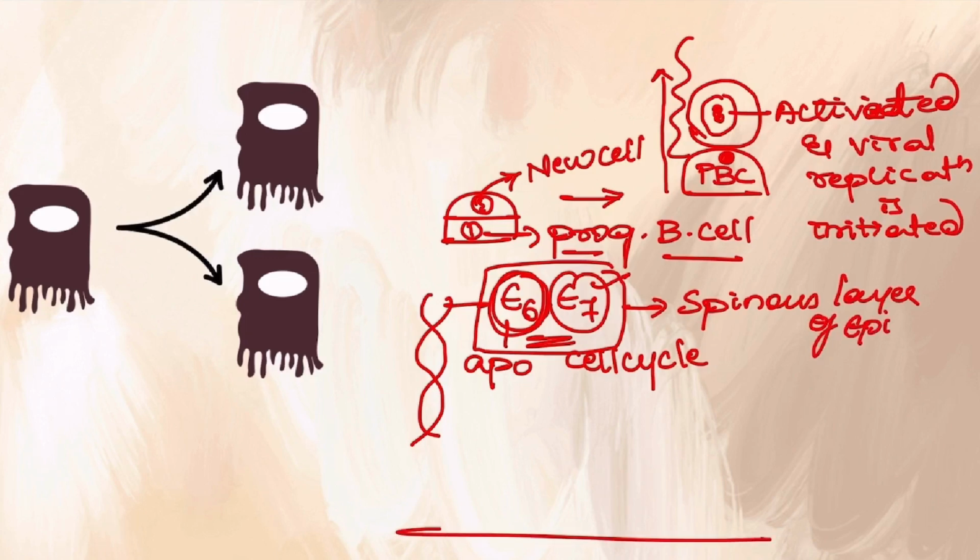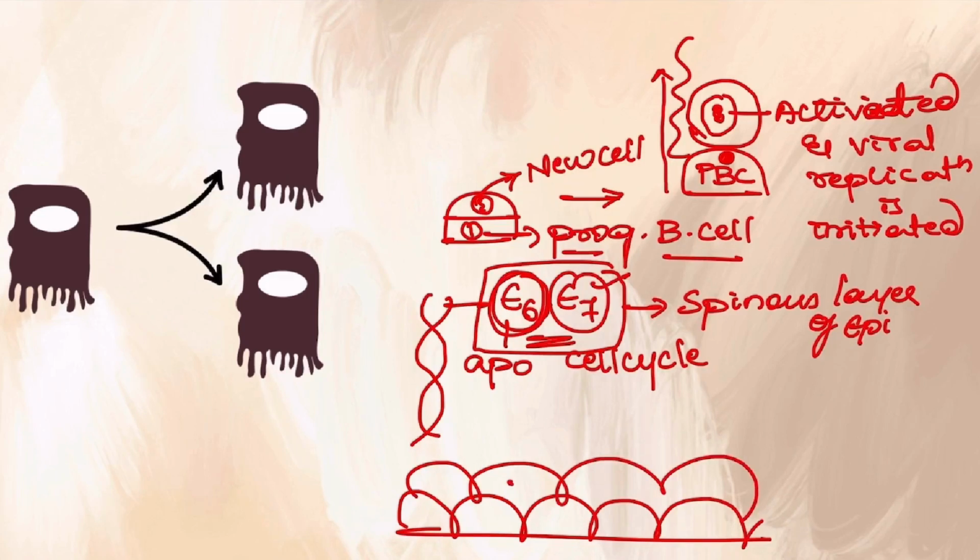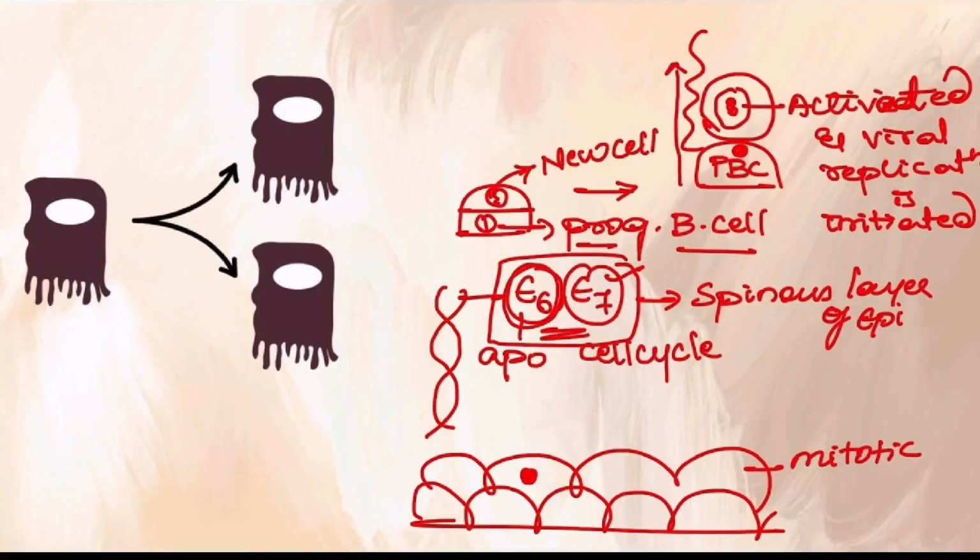So, as a part of normal defense mechanism, if there is any virus in the epithelial cell, the body tries to kill the virus by a process known as apoptosis. But this apoptosis is inhibited by the viral protein E6. So, thus ensuring that the virus is alive and there is proper time for the replication.